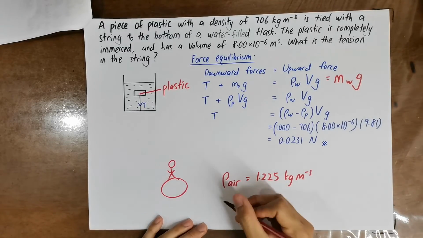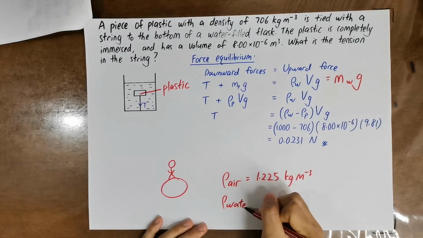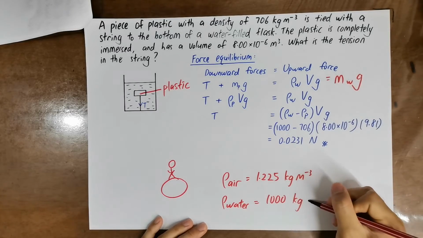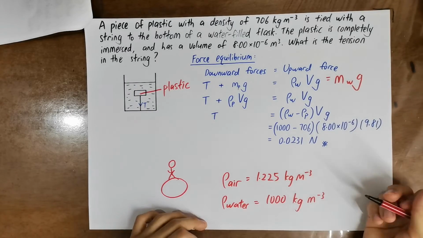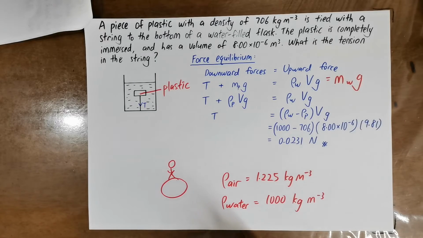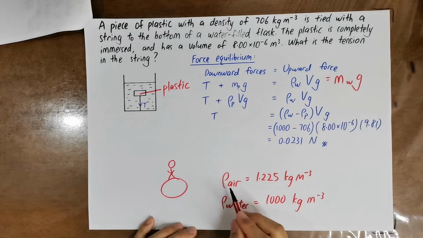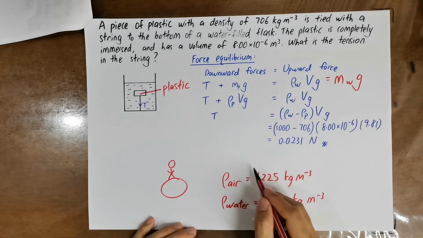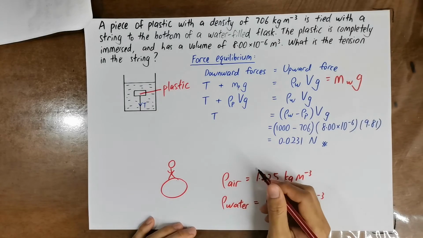The density of the water is 1000. So you know that the density of the air is really small, and the buoyant force you feel right now is rho air times g times your body's volume.